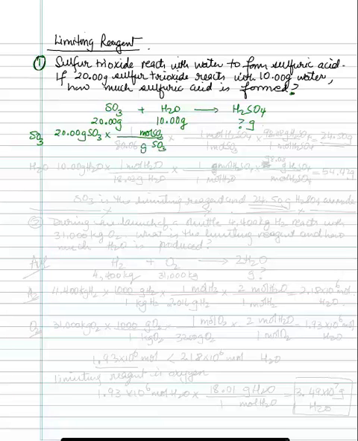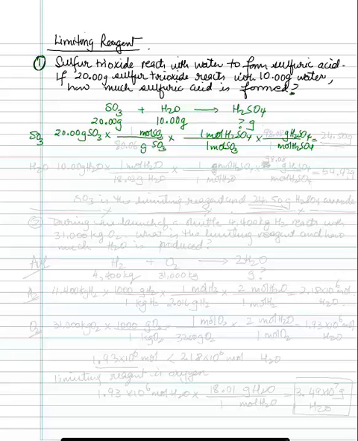Once we get the moles, we'll do the mole ratio, and 1 mole of sulfur trioxide gives 1 mole of sulfuric acid, and then convert the moles of sulfuric acid to grams of sulfuric acid.